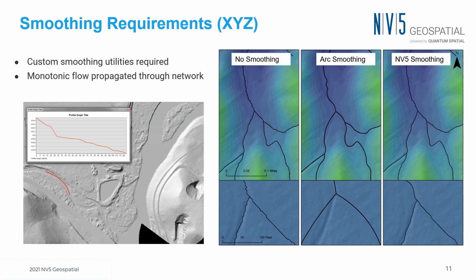And the XY smoothing is sort of the other component of smoothing that needs to be tackled. So you can see there in the no smoothing block, you have very jagged lines going cell to cell. It's a raster artifact of the flow direction flow accumulation process. But the typical smoothing processes available in ArcGIS and others create nice aesthetic lines, but can pull the river channel or the line work well outside of the actual river channel, which is not going to meet the specifications.